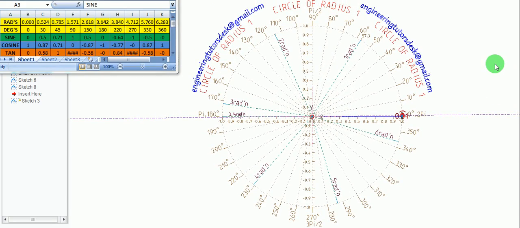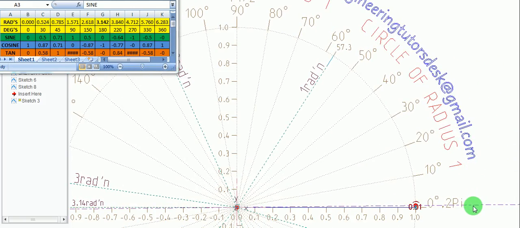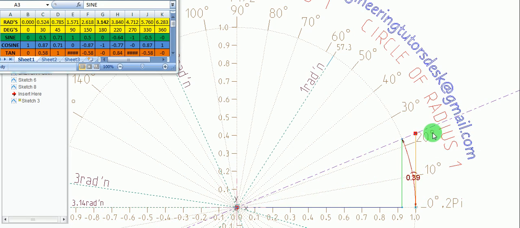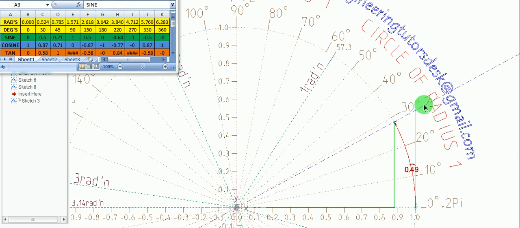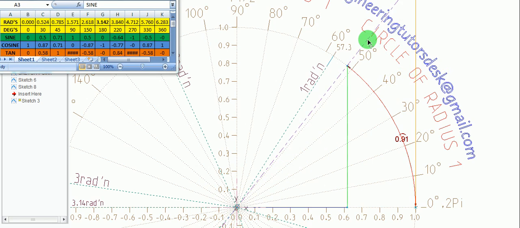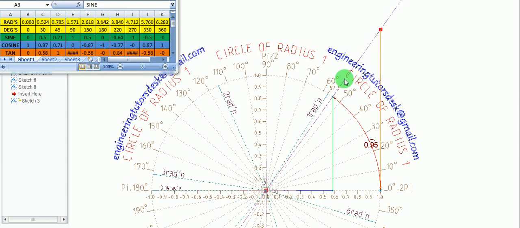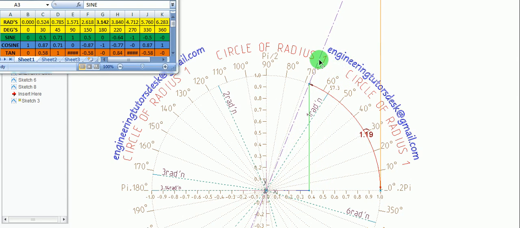Having understood the behavior of sine and cosine, let us understand the behavior of tan. We have already discussed that the name of this line is tan. When we are going towards 90 degrees, the height of the tan is increasing. As we go on increasing the angle, the tan height is increasing drastically.